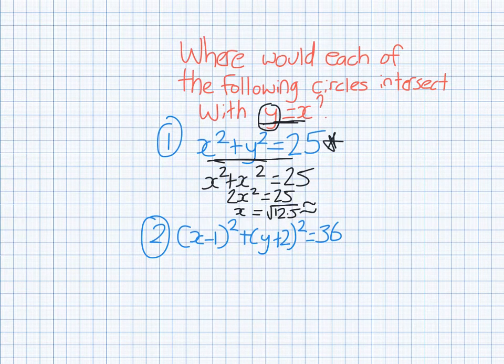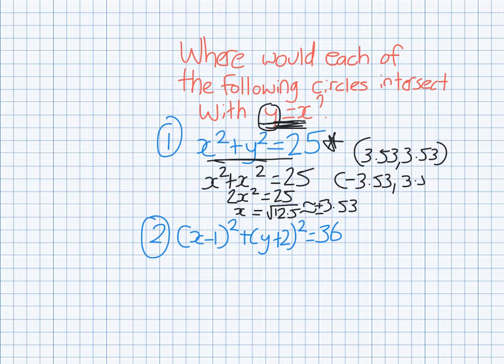You can put it on your calculator and you get 3.53, but the answer is actually positive or negative 3.53. So these will actually intersect twice. One at 3.53 is the x coordinate, and the y coordinate's the same because y equals x. And the second one will be negative 3.53 and negative 3.53 for y as well because y equals x.